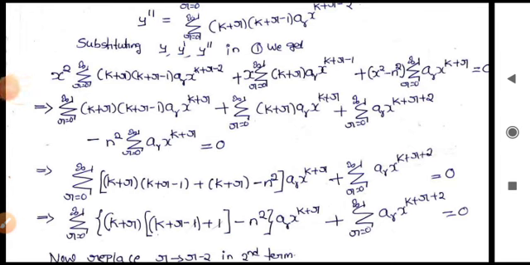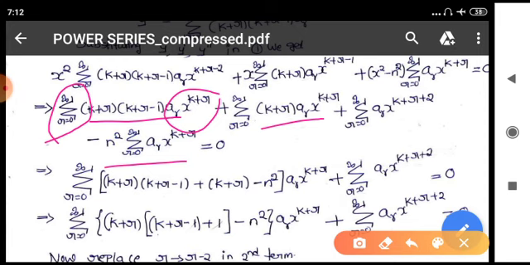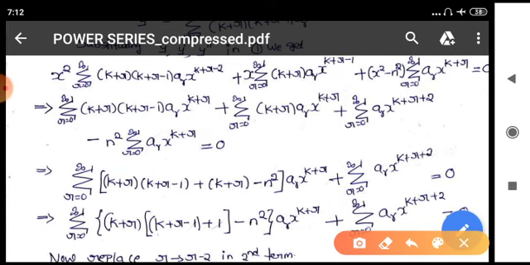Now from the first term, second term, and fourth term, you can observe that summation of r from 0 to infinity ar x power k plus r is common. So I will take from the first, second and fourth term summation of r from 0 to infinity ar x power k plus r as common.